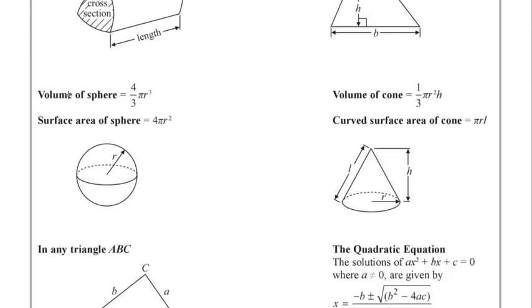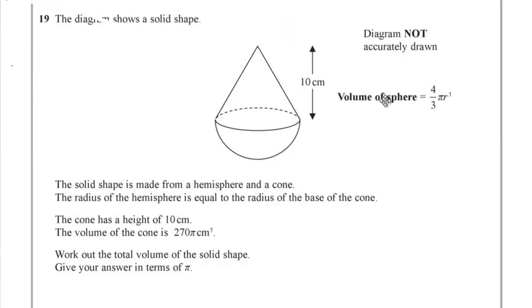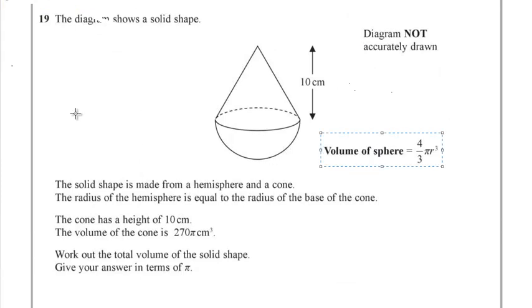And we want this formula here, volume of a sphere, and we want this formula here, volume of a cone. So let's just take those and pop them in. There's our volume of a sphere. And we need to get the cone. Let's get that one. And there's our volume of a cone. Okay, we've got something to go on now.